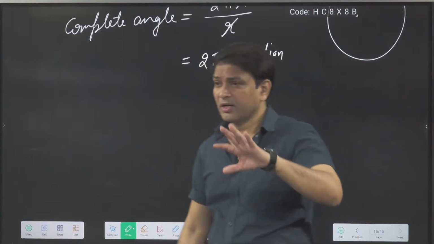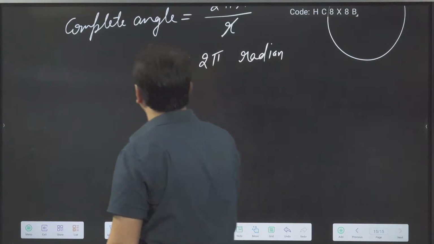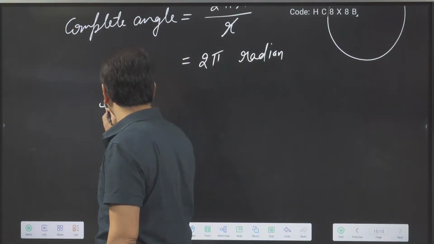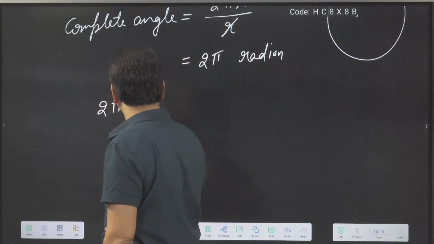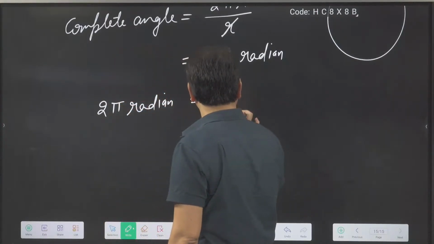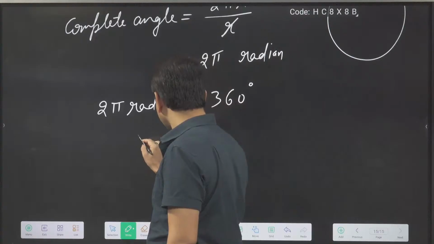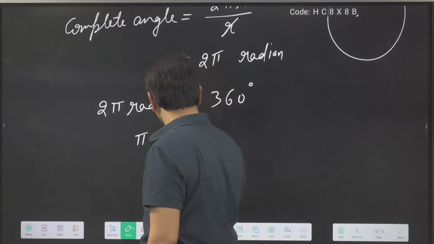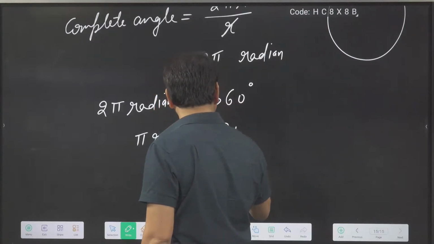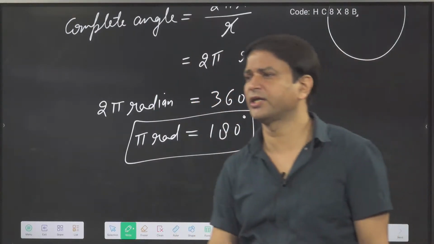Now listen. The complete angle in radian is 2 pi radian, and in degree we know it is 360. So one relation we can say: 2 pi radian is equal to 360 degree. Then from this I can say pi radian is equal to 180 degree. Remember this relation to convert degree into radian or radian into degree.